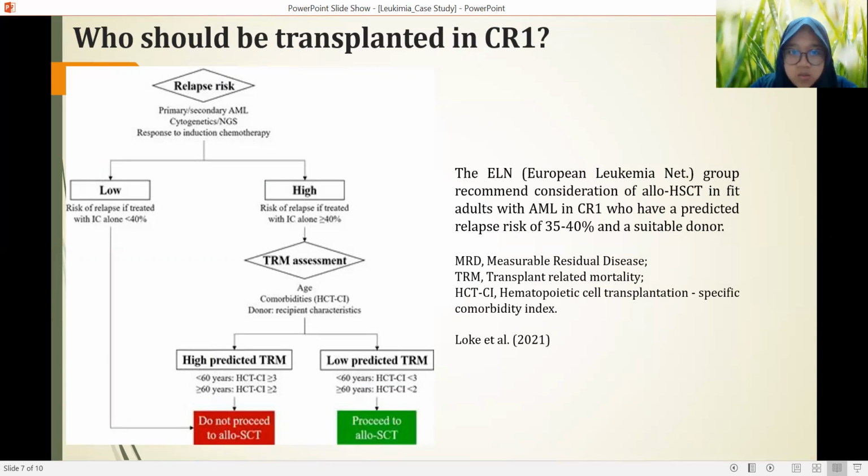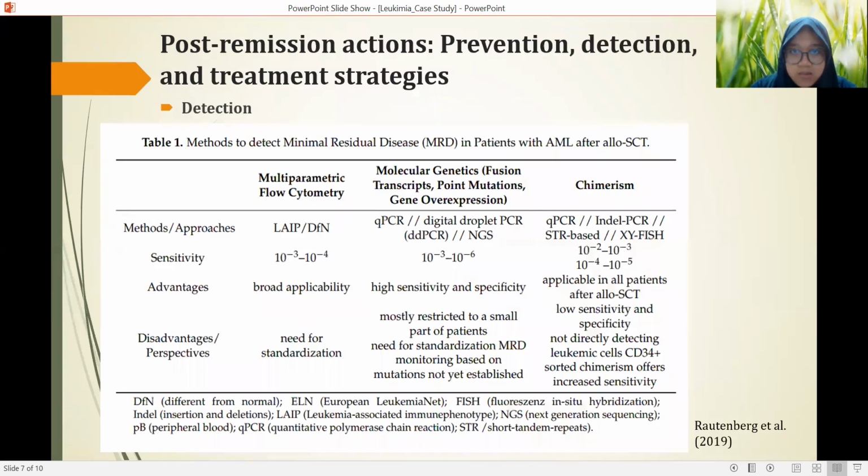So it means that the high-risk patients cannot receive the allo-SCT because the TRM value is high, whereas those with low predicted TRM will proceed to allo-SCT.